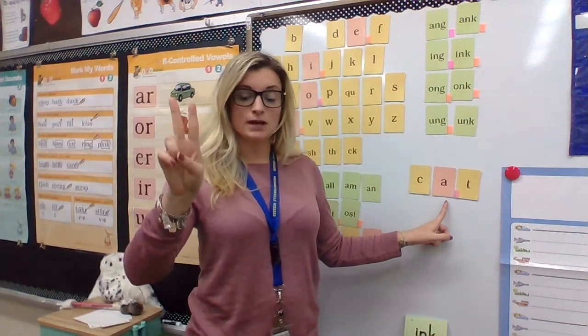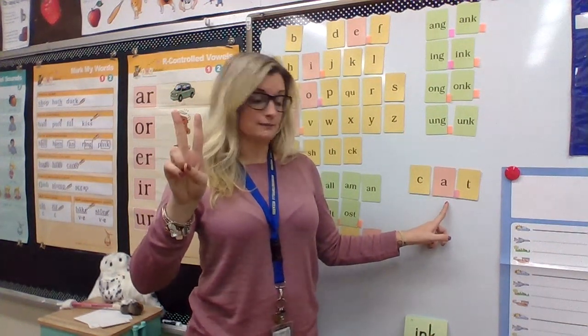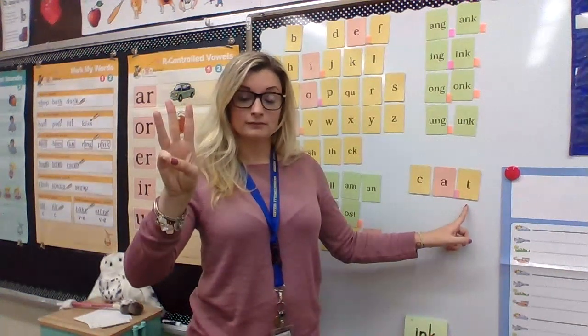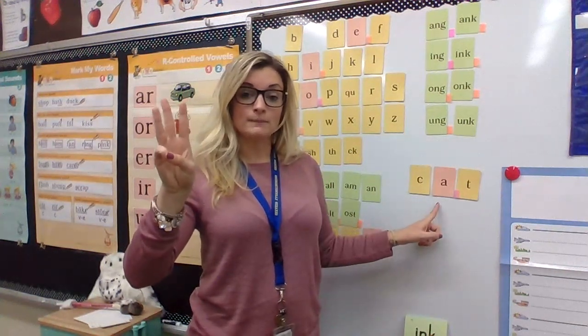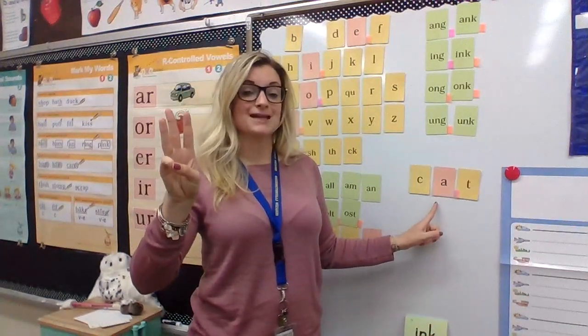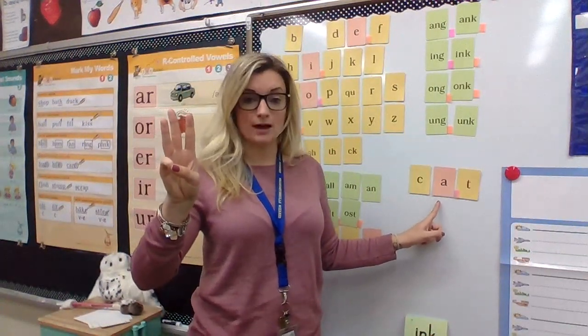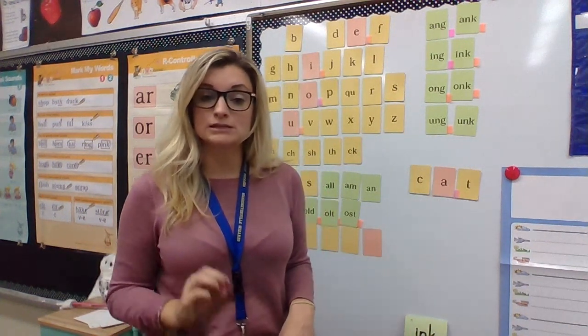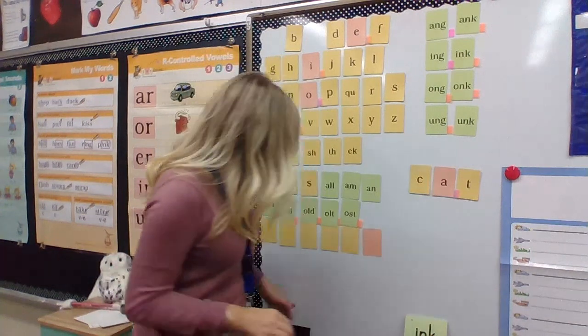Rule number 2, is it followed by a consonant? Yes. Rule number 3, does the vowel make the short vowel sound? Yes. It makes that ah sound, so it's a short vowel. So it follows all 3 of those rules, which means it's a closed syllable.